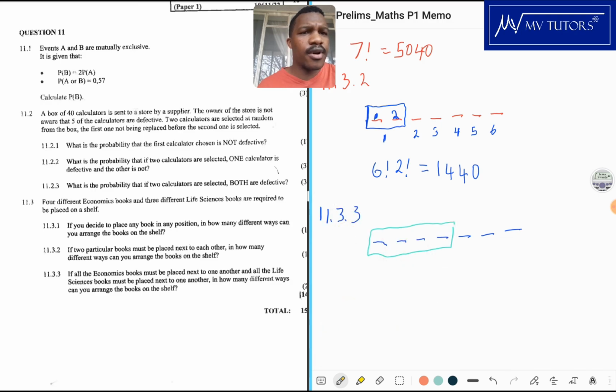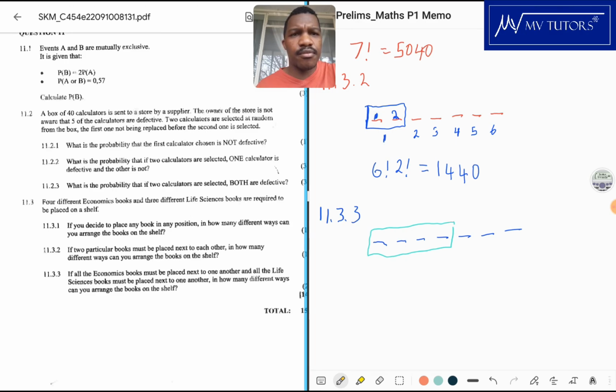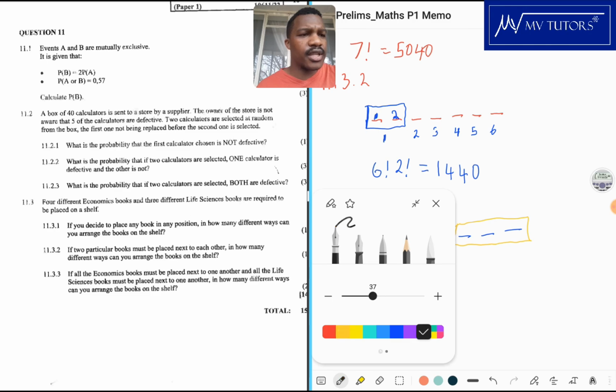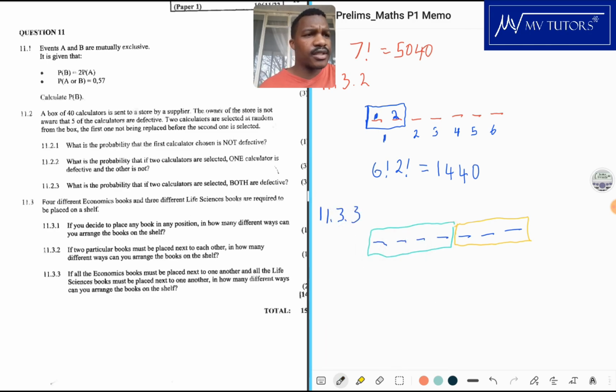And then the other ones. It says life science books. How many life science books do we have? We have 3. So these positions here are going to life science. So check this out once again. How many total positions do we have? We really have just 1, 2. So we'll go 2 factorial.